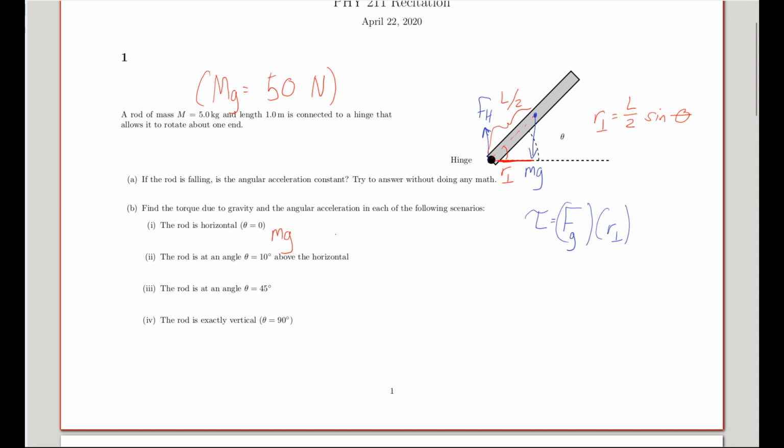That's wrong. All of you about to throw things at me are completely right. This is mg times L over 2 cosine theta. Here theta is 0 degrees. So this is just going to be mg times L over 2. So that is 50 newtons times 1/2 meter, or 25 Newton meters.